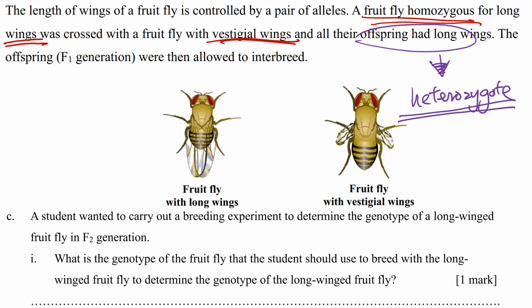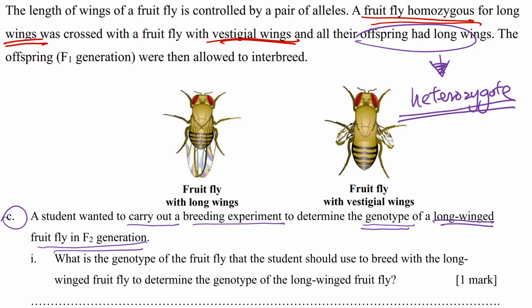And then now, question C. A student would like to carry out a breeding experiment to determine the genotype of a long wing fruit fly in the F2 generation. So last time, you crossed the F1 with F1 and then gave the F2 generation. You have a 3-to-1 ratio, long wings.